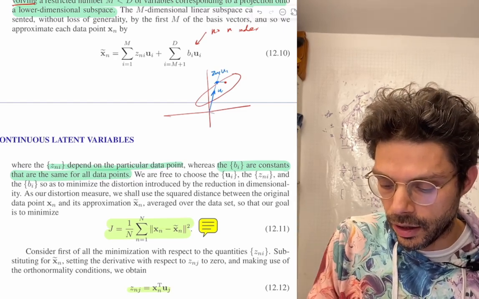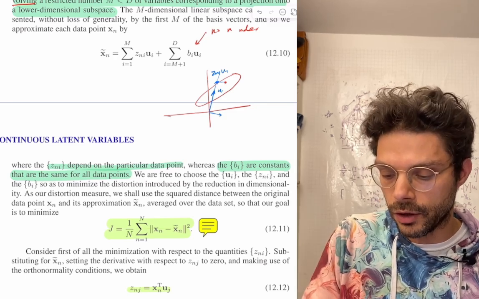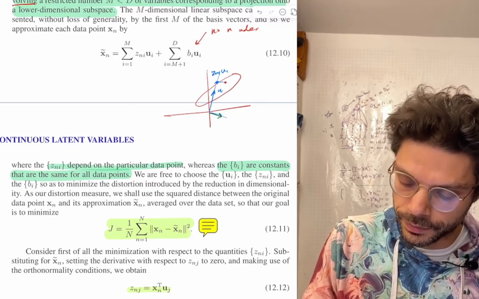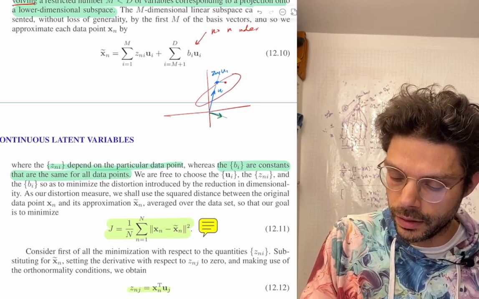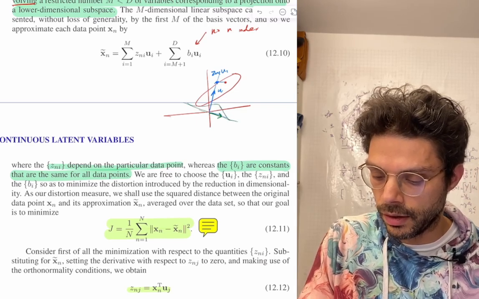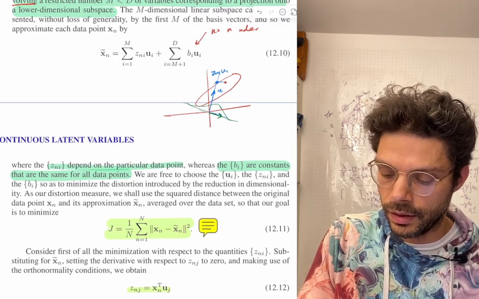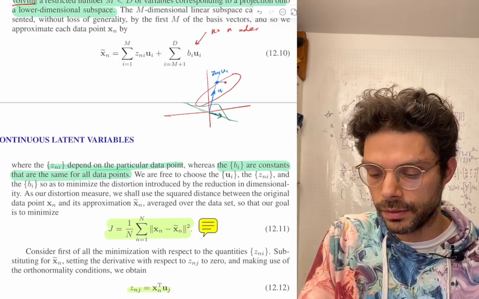And then the constant offset would be the mean of the data along this direction, right? So if we actually projected all of this data, maybe it looks kind of like this, and the mean is going to be about here, I suppose.